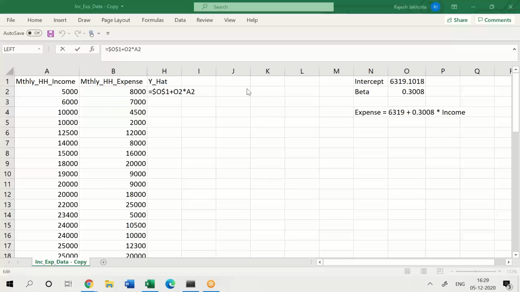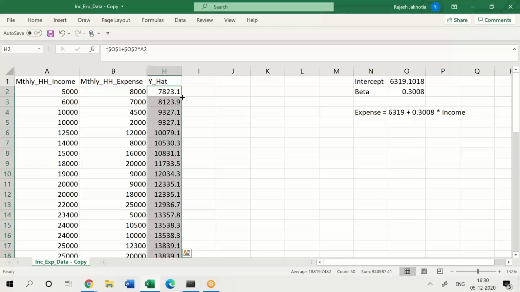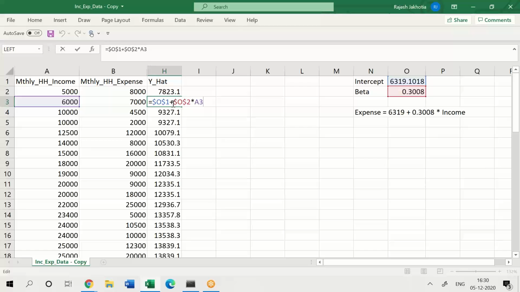Here in this equation, I should have this as $O$2, so let me just press F4. It's become constant. We can drag and fill, double click, it will fill. So automatically the equation is now applied on each and every row. If someone has an income of 6,000 rupees, we are estimating the expense will be 8,123.